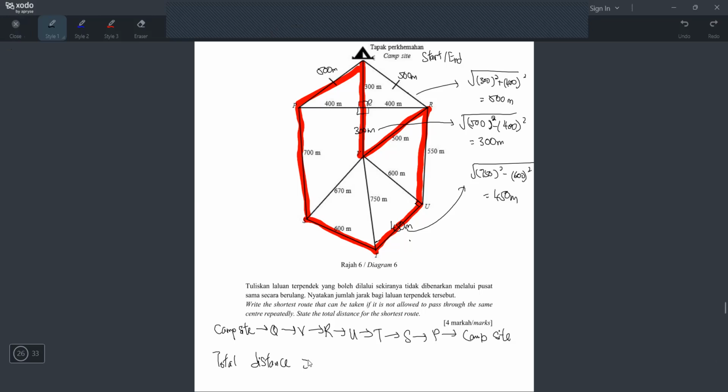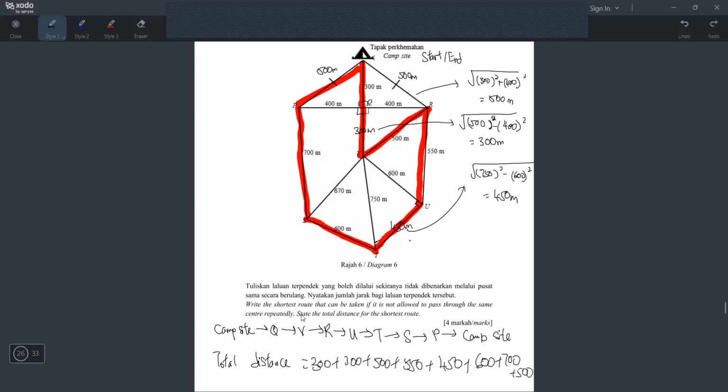Campsite to Q is 300 meters, plus Q to V, which is 300, and then V to R 500, and then R to U 550, and then U to T 450, and then T to S 600, and then S to P 700, and then the last one is 500.